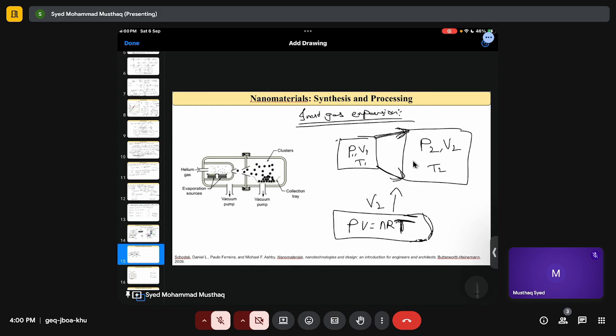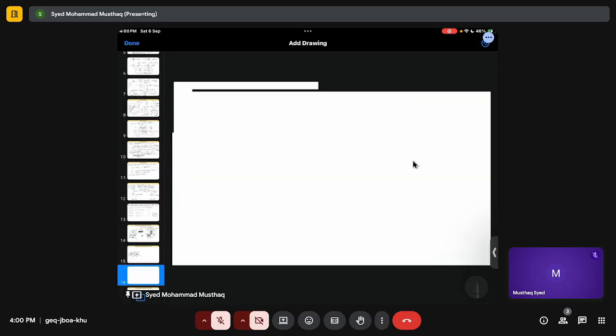Now, in Joule's expansion, my pressure drops, volume increases, and there is a temperature change.